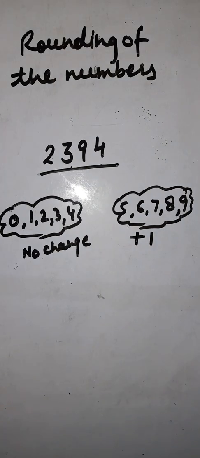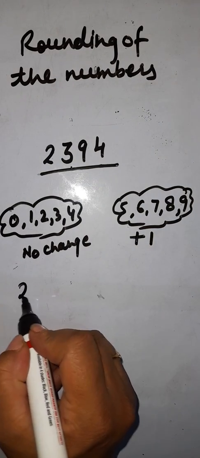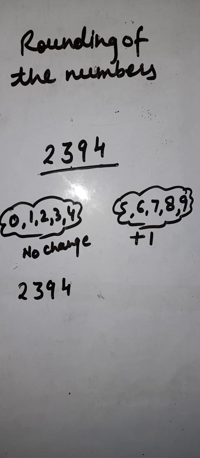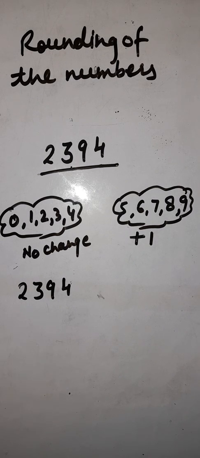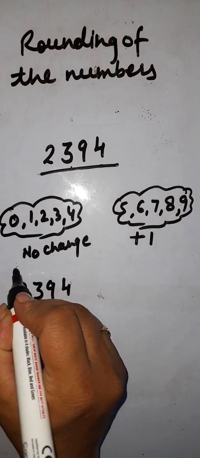Suppose this is our number, 2, 3, 9, 4. We have to round off the number in the tens place.